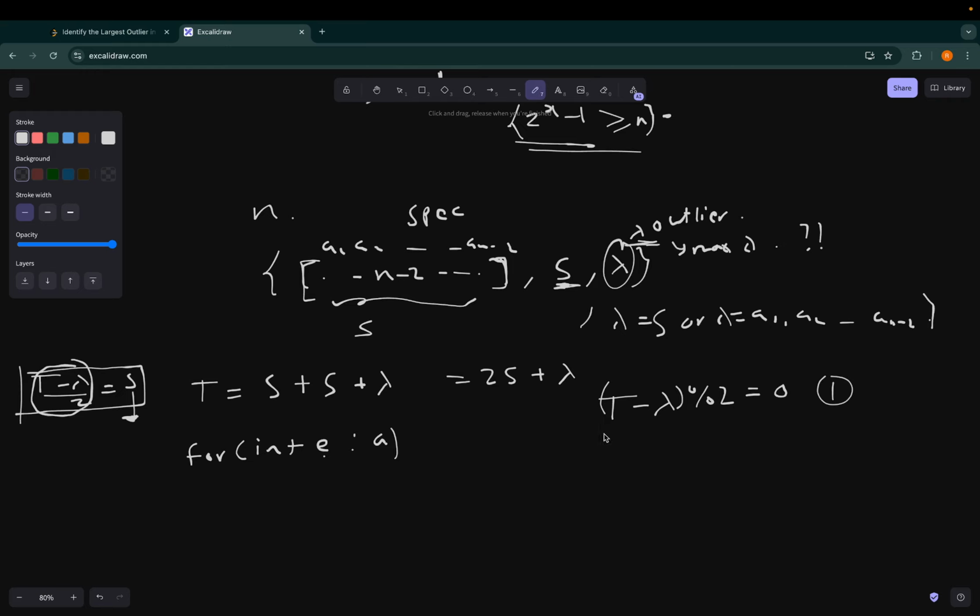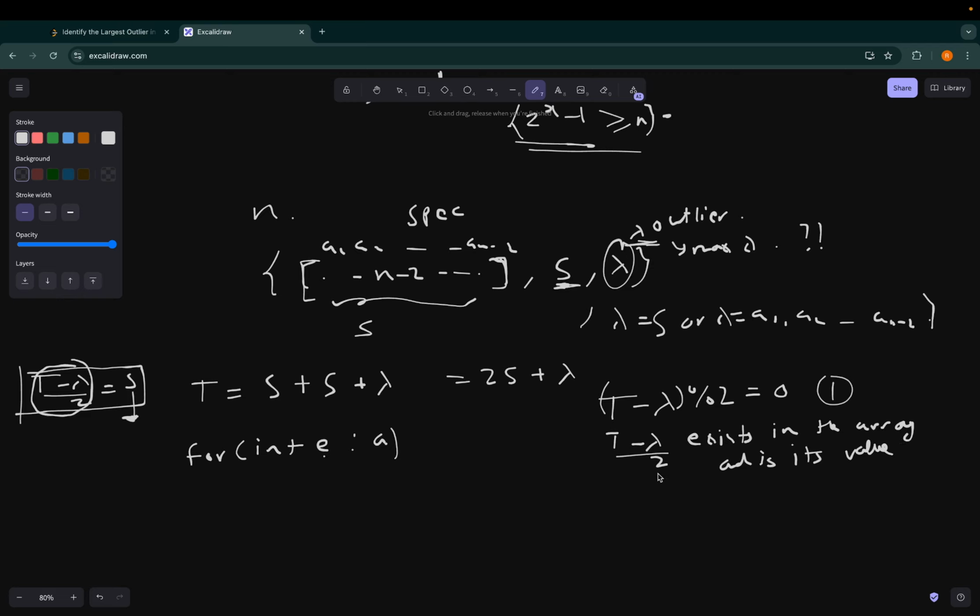And also we have to check if t minus lambda by 2 exists in the array, and that its value doesn't coincide with the outlier.